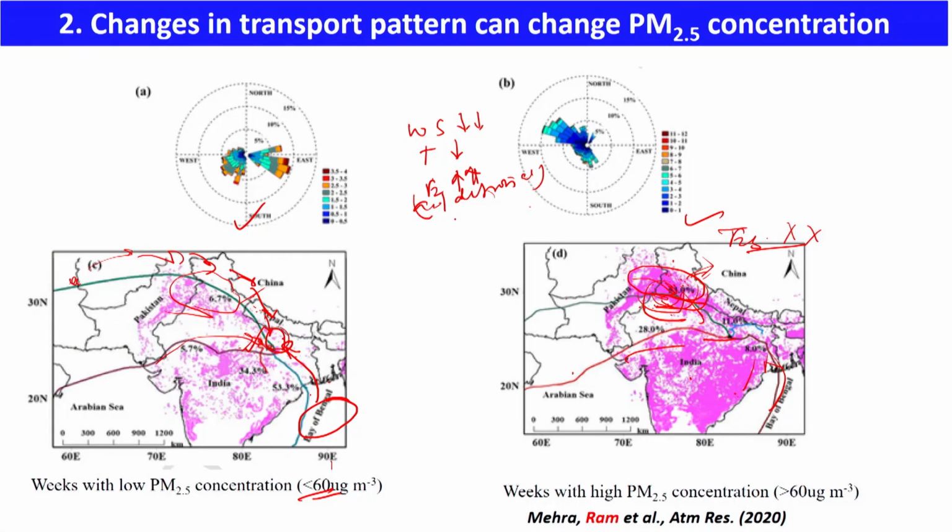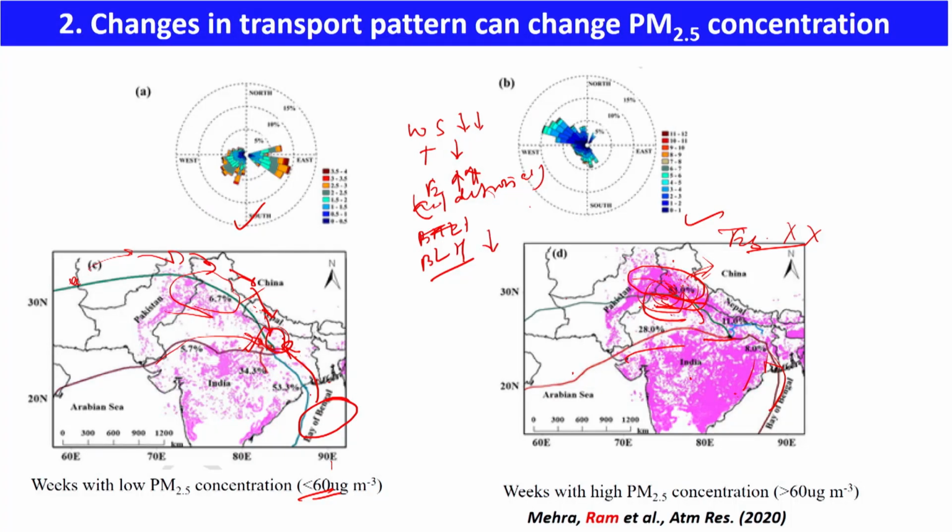Just talking about the Delhi case, wind speed is lower, temperature is lower, emission is increasing, and boundary layer height also becomes less.